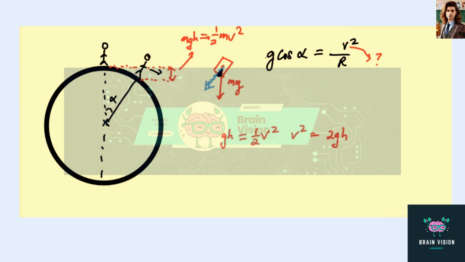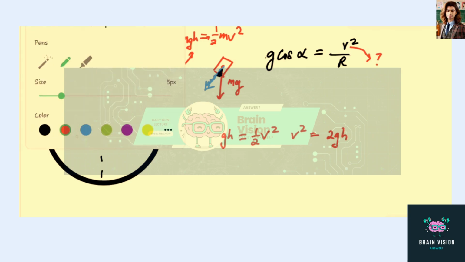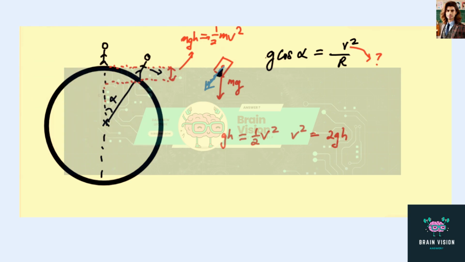And what is h? Well, we can find h in terms of alpha. Remember that this distance over here, let me call this distance x, and this distance here is also x. x would be equal to, based on trigonometry, r cosine alpha.